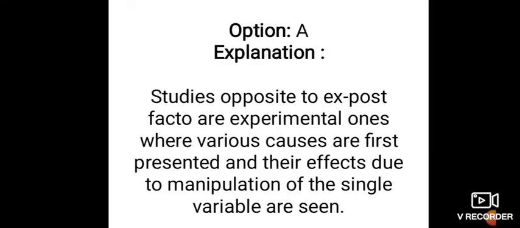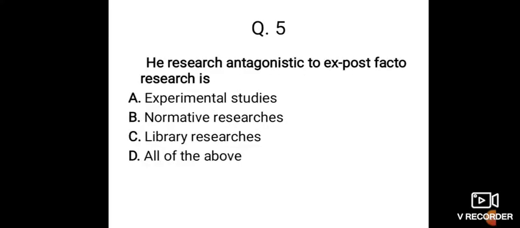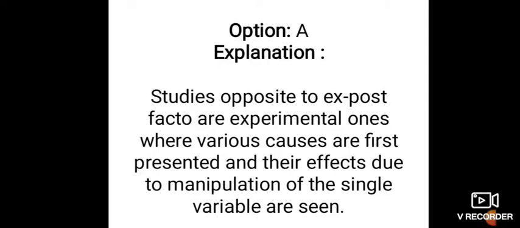Okay, and the answer is option A, experimental studies. Studies opposite to exposed factor research are experimental ones, where various causes are first presented and their effects due to manipulation of the single variables are seen.